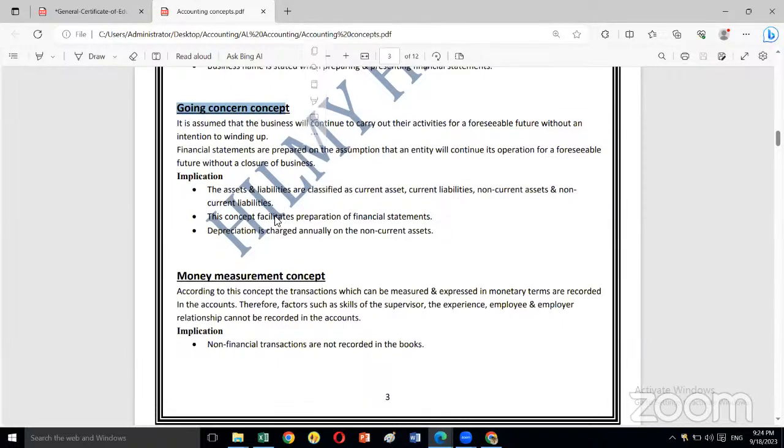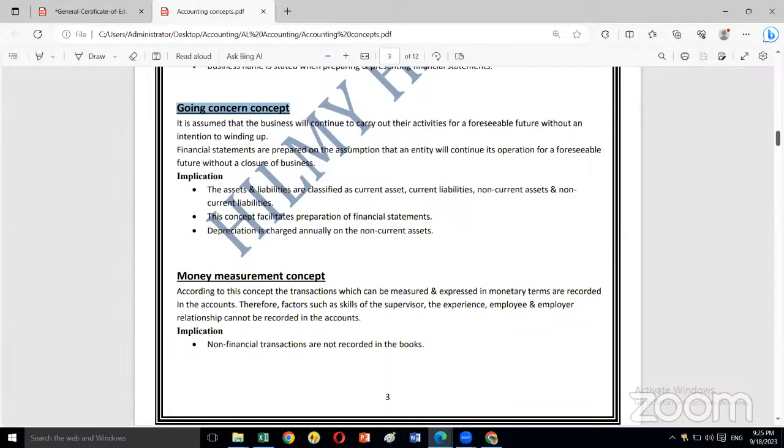Here, the main thing you should know is that in exams, they mainly ask using these things. Assets and liabilities are classified as current assets, current liabilities, non-current assets, non-current liabilities. What is the concept? Going concern. Usually in the exam they ask about non-current asset, current asset: the concept is the going concern concept.